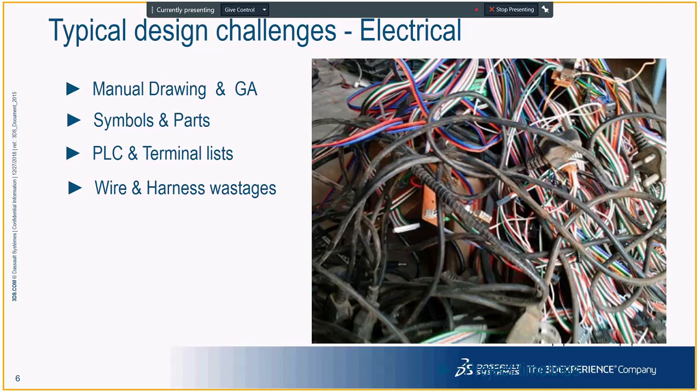Next comes the wiring harness wastages. As the manual preparation goes on, for a typical and critical electrical schematic package having 30 or 40 sheets, with a number of cables or wires running throughout the package, there comes duplication of wire numbers, the customization or repetition of the device tags, etcetera.